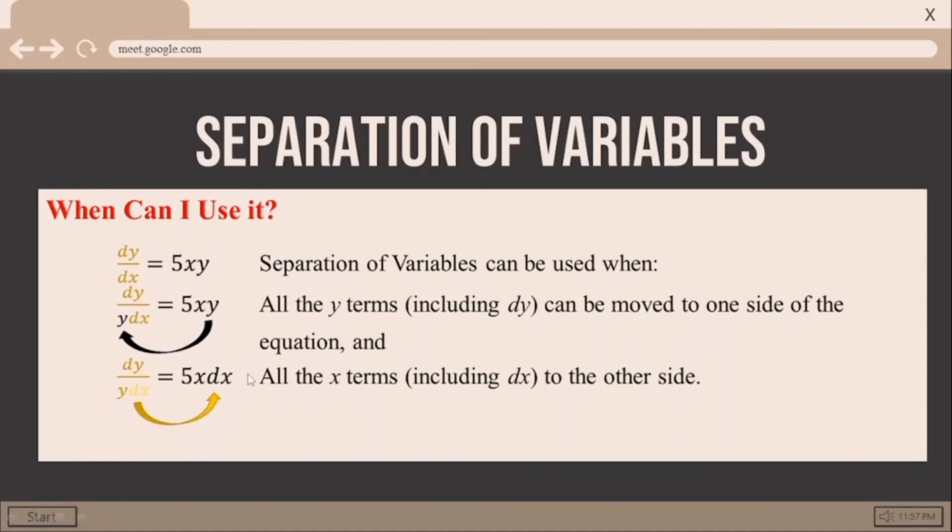Basically, we can use the method of separation of variables if we can move all the y terms to one side and all the x terms to the other side. If in a given equation this can be done, then separation of variables can be applied.